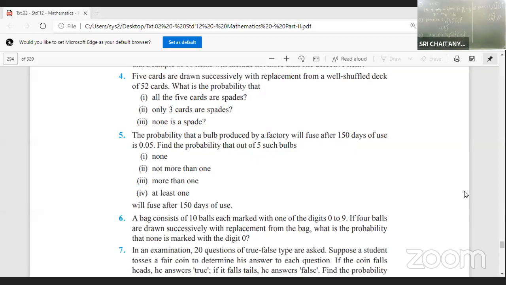P is equal to 0.05. You just note it down aside. Afterwards, you can do the problem.